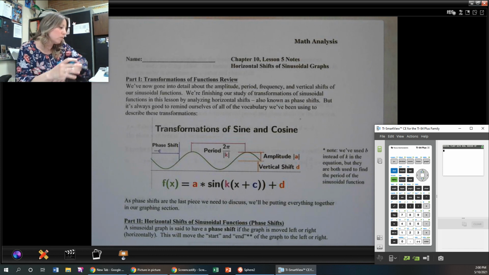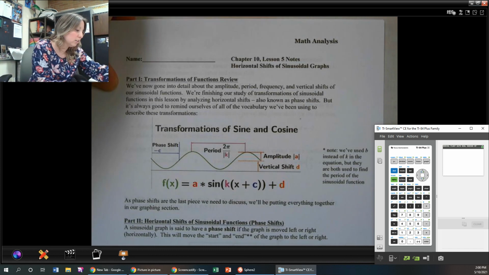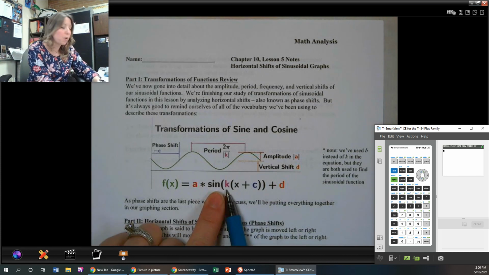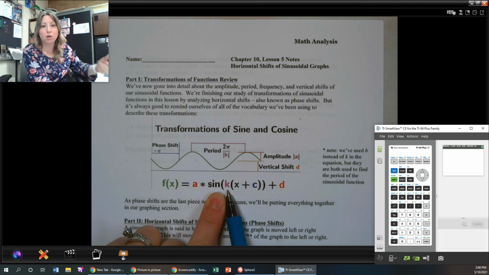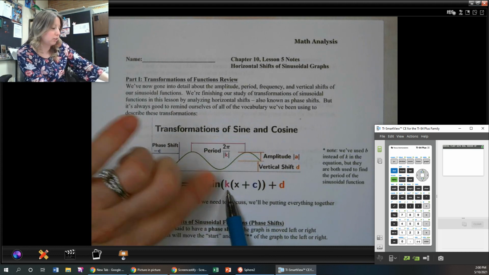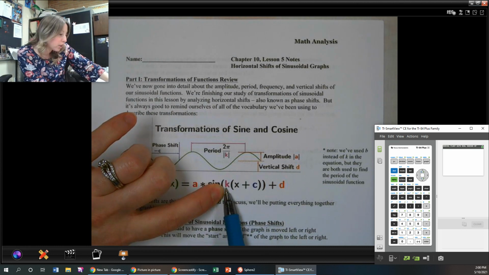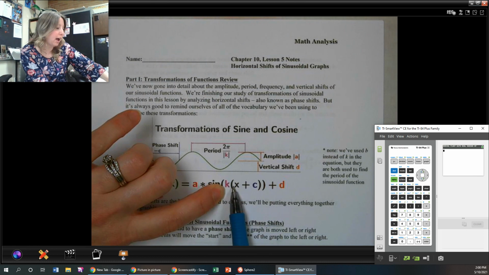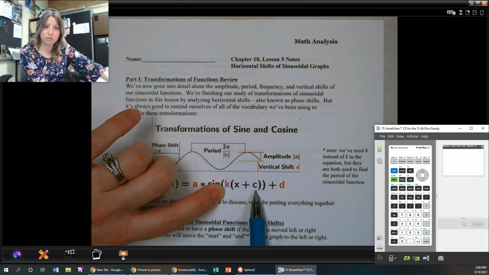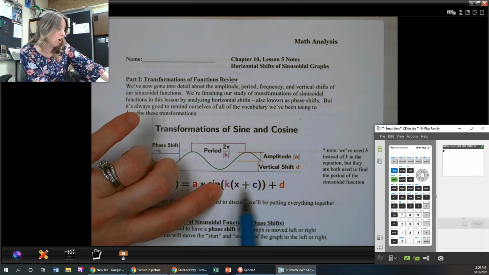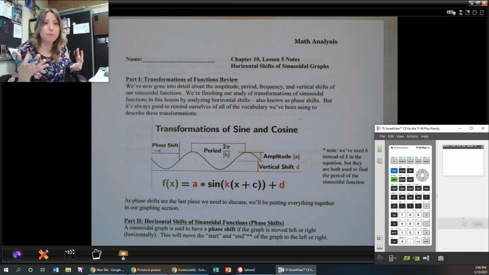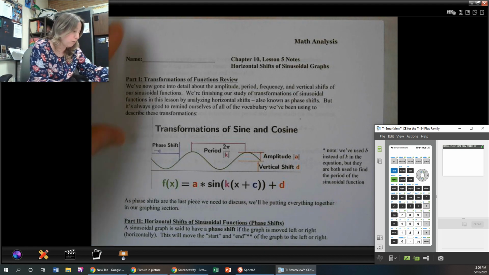Remember, we usually call this the B value. We're going to want to have the B value factored out of this spot. So if these are all GCF'd together, then we're going to want to bring that B value out and deal with it that way. It makes things a lot easier for us.